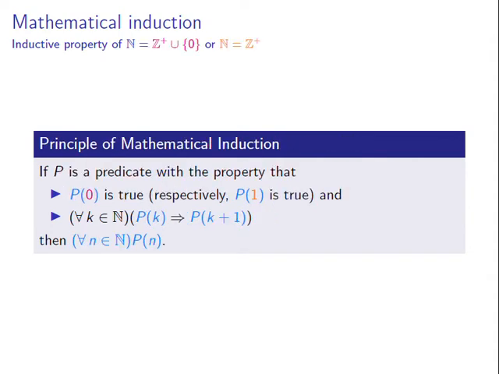If P is a predicate with a property that P of 0, respectively P of 1, is true, and for any natural number k, P of k implies P of k plus 1, then for any natural number n, P of n is true. This version is known as the principle of mathematical induction.